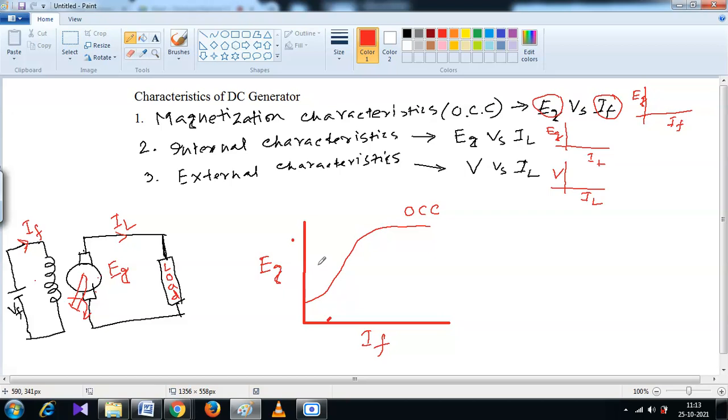I hope it is clear now to all of you. So what is the full form of OCC? Open circuit characteristics. Just write down that the full form of OCC is open circuit characteristics. This is also called magnetization characteristics.